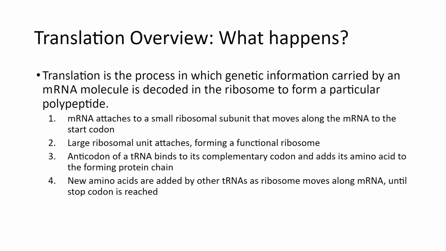So looking at a translation overview, what is happening? Well, translation is the process in which genetic information carried by an mRNA molecule is decoded in the ribosome to form a particular polypeptide. So translation basically is the process that turns mRNA into a protein. It has 3 steps: initiation, elongation, and termination.